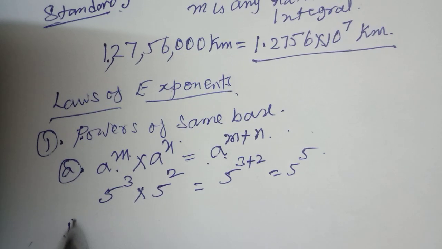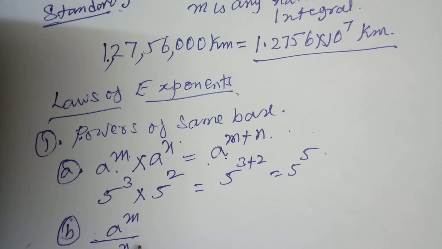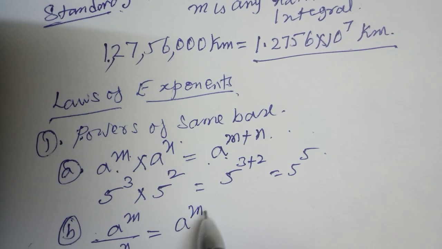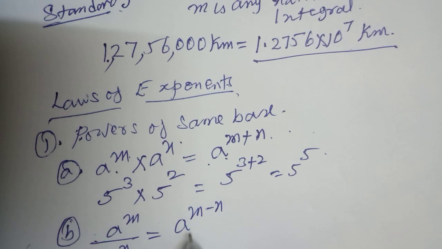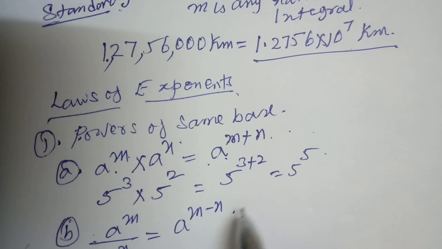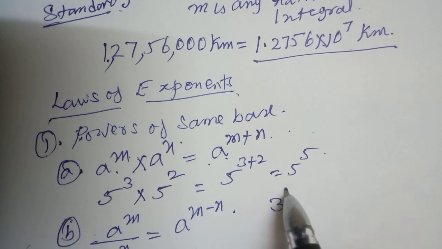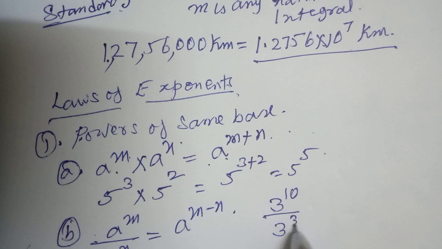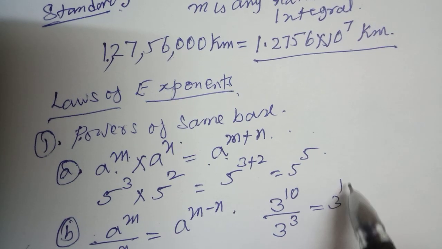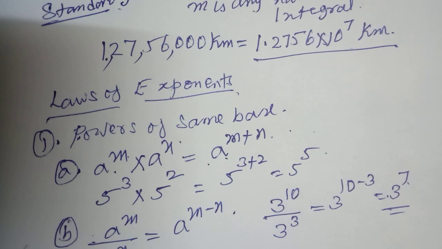Now let us understand the second one. a to the power of m divided by a to the power of n is equal to a to the power of m minus n. Let us take one example. 3 to the power of 10 divided by 3 to the power of 3 is equal to 3 to the power of 10 minus 3, which is 3 to the power of 7.